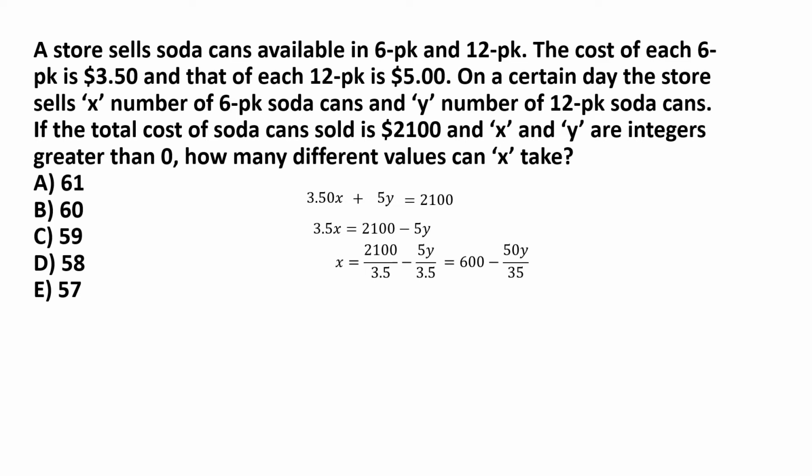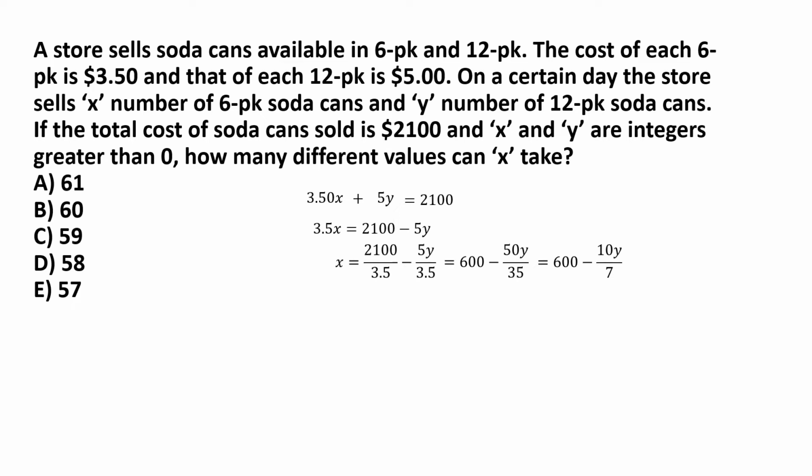And then we take a step further to reduce this fraction. We can easily see that 5 is a common factor of both 50 and 35. So we divide both the numerator and the denominator by 5, and 50 by 35 becomes 10 by 7. So we have x is equal to 600 minus 10y by 7.